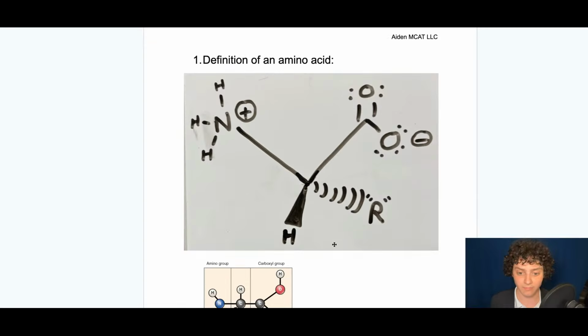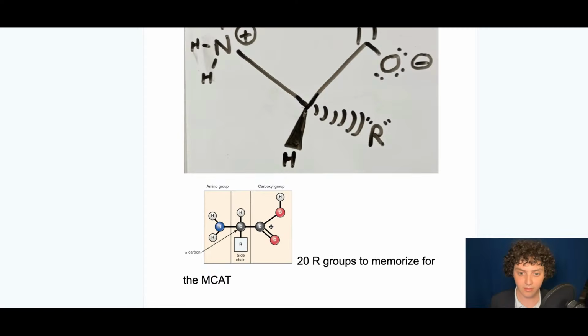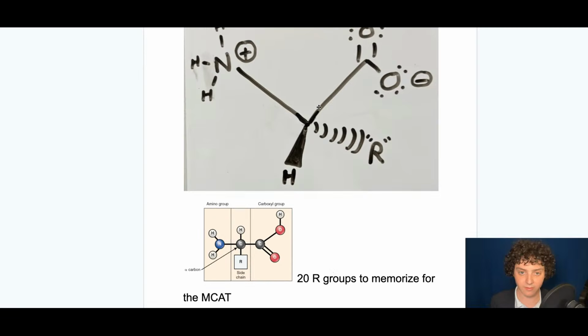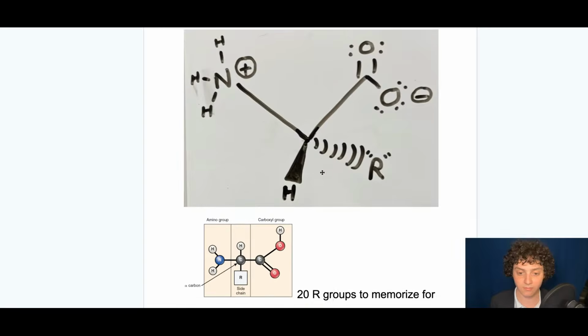Okay. So first there's this R group that I just explained, and then there seems to be a difference between these two drawings. This is the one that I drew, where this N has a plus next to it and 3 hydrogens, and this O has a minus next to it and no hydrogens.